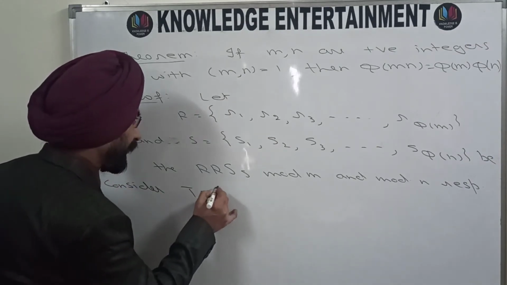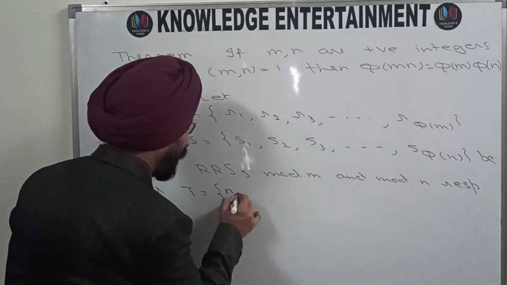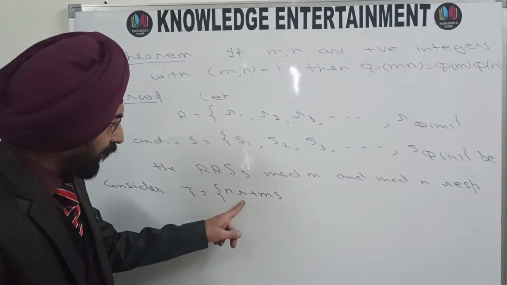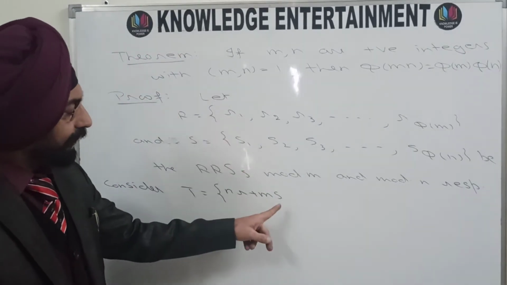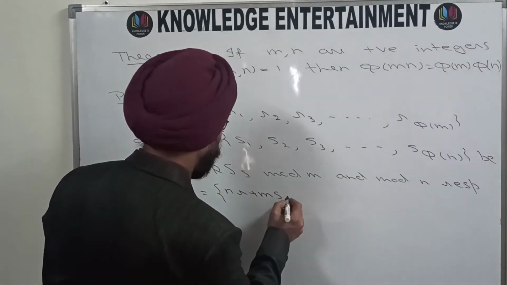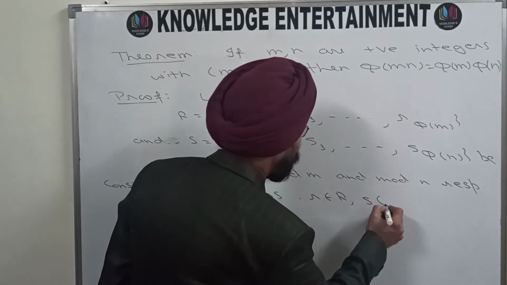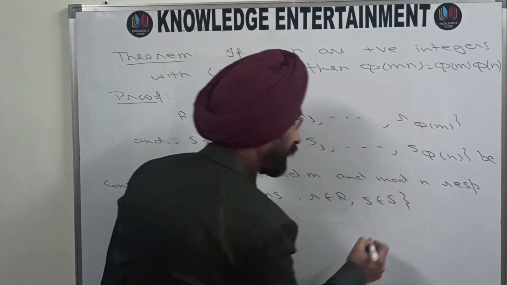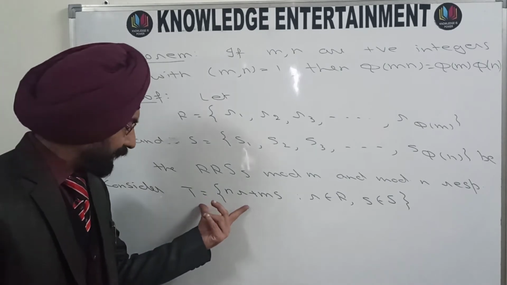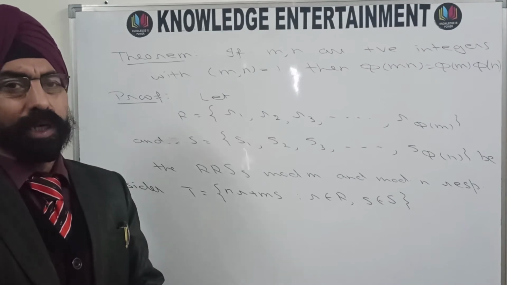Consider T is equal to nr plus ms, where your r is coming from the set R and your s is coming from the set S. Now look, we will show that this T is a reduced residue system modulo mn.